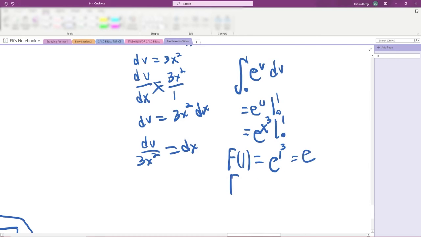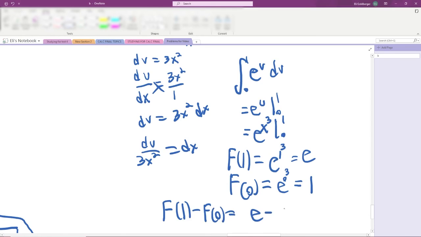So now f of 0 equals e to the 0 to the 3, which is 0 to the power of 3, which is just 0, and e to the power of 0 equals 1. So now, when we do f of 1 minus f of 0, we get e minus 1 as our answer.